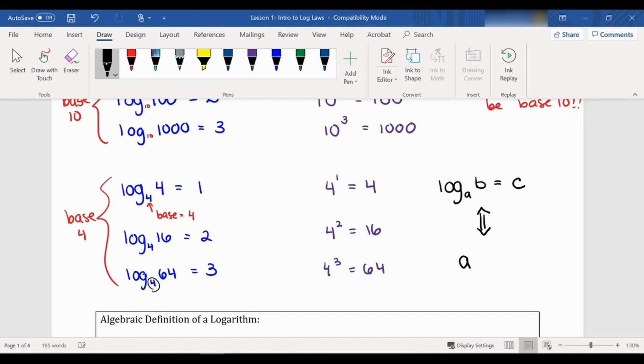Notice how these are all 4s here, and these are all 4s here. That's my a in my log base a of b equals c.